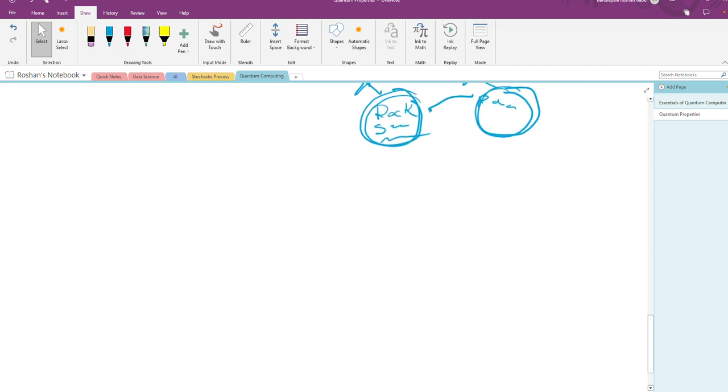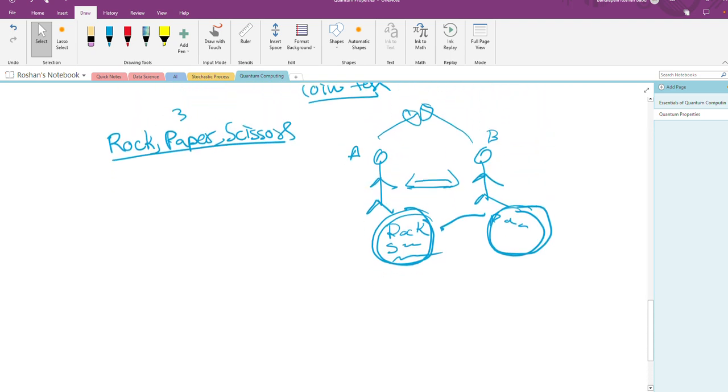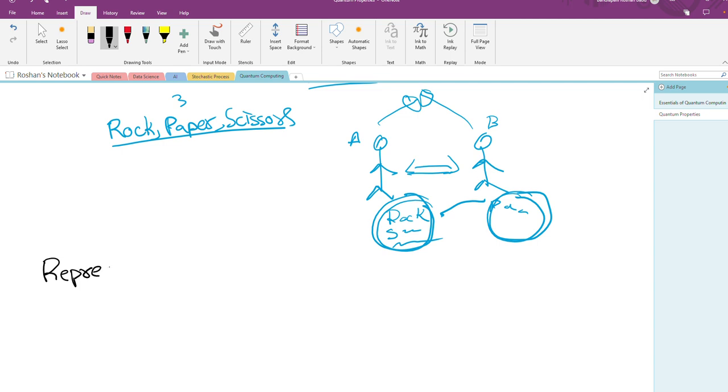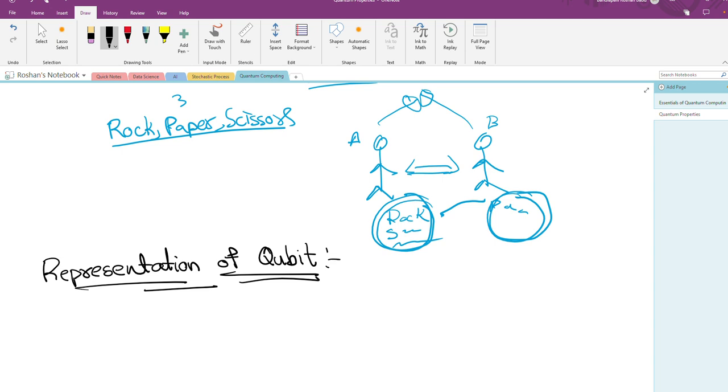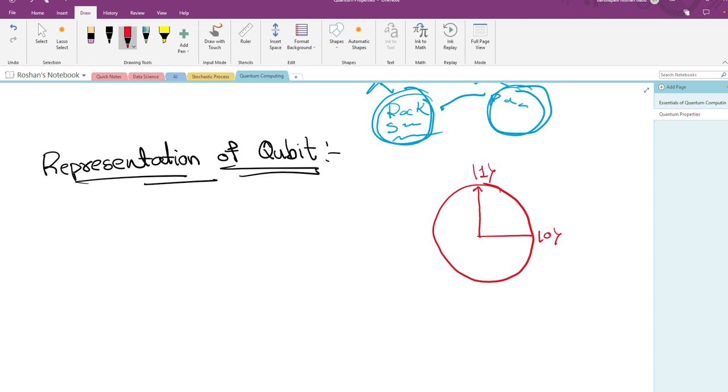Now I'll show you the representation of a qubit. This is your ground state and this is your excited state.